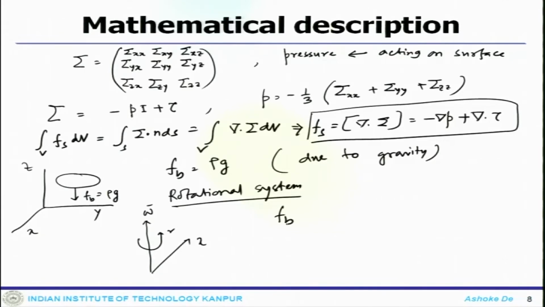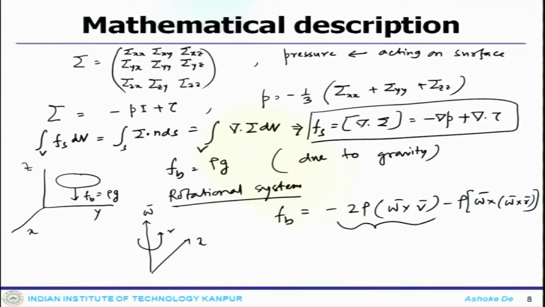Then the body force could be due to minus 2ρ Ω cross V minus ρ Ω cross (Ω cross r). Now, this is nothing but my Coriolis force, and this is nothing but my centrifugal force.